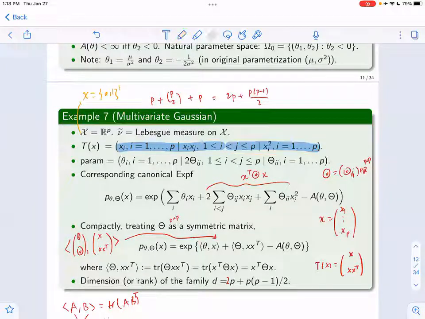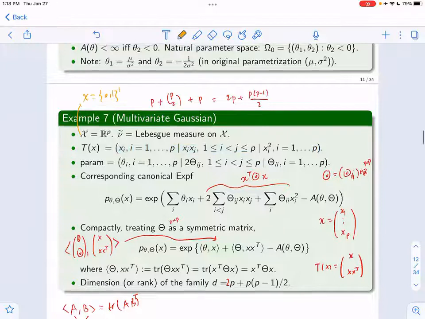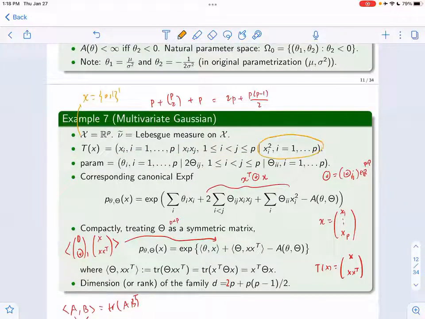If I have 0, 1, then I don't need to include these, because if it's 0 or 1, xi and xi squared are the same. So I'm going to just pick the xi's and the pairwise interactions. And I can do it for a general set of graphs. Instead of including all, I could include them for any fixed set of edges.